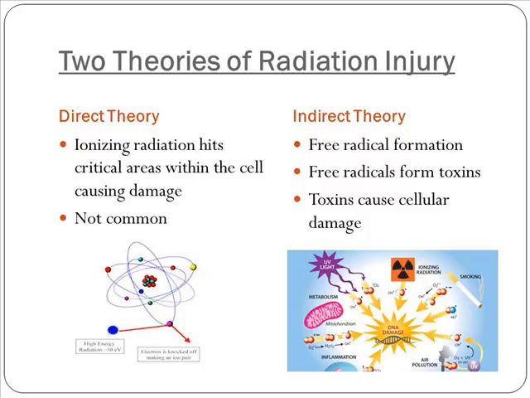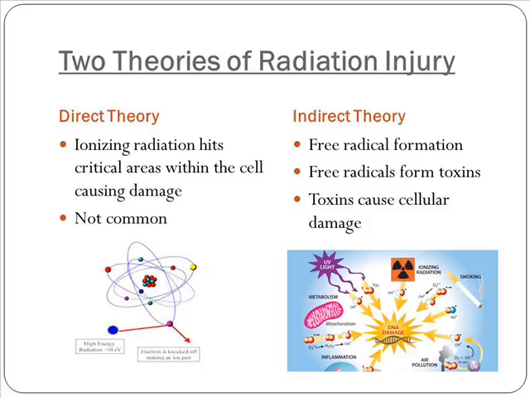The indirect theory is more common, or indirect way of getting radiation injury is from the formation of free radicals, where the radiation, and again, other things cause this as well, smoking and poor nutrition and other things cause this as well, but we're talking specifically about radiation here, where the radiation penetrates the cell and causes damage to the water in the cell.